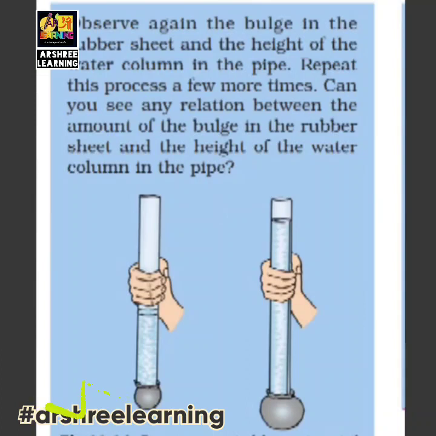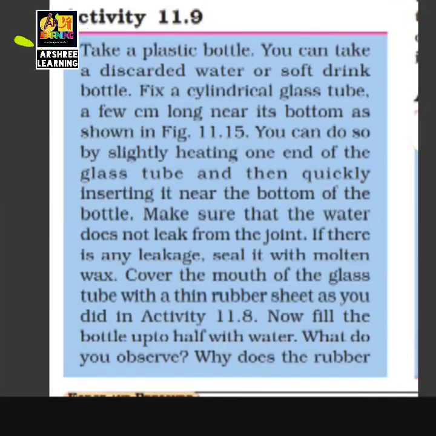Next activity 11.9. In this we have to take a glass bottle, and make a hole at the bottom and fix a small cylindrical glass tube there. On the neck of this small cylindrical tube, you have to fix a rubber sheet.